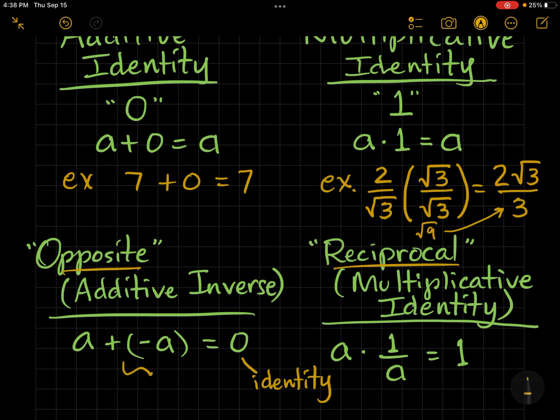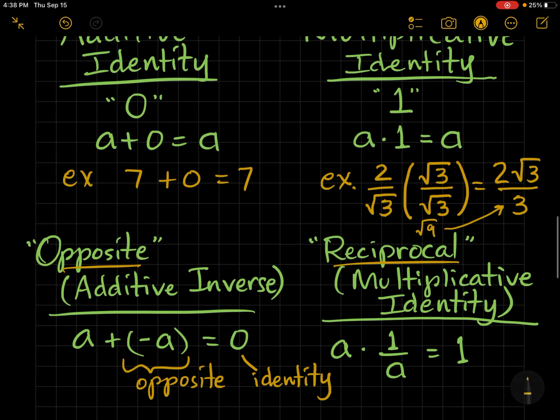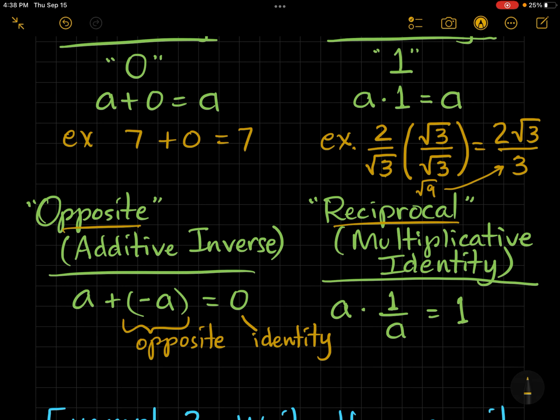And this is what we call the opposite. So if I gave you the number 5 and I said, what's the opposite of 5? Well, the opposite of 5 is negative 5. What's the opposite of negative 5? Positive 5. All you do is change the sign.